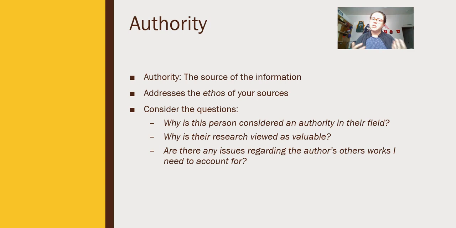And then last but not least, are there any issues regarding the author's other works that I, as the writer, need to account for? If you think about it this way, maybe this person has said things in earlier publications that might contradict their current research. Maybe they took a bit of a hiatus and weren't as active.